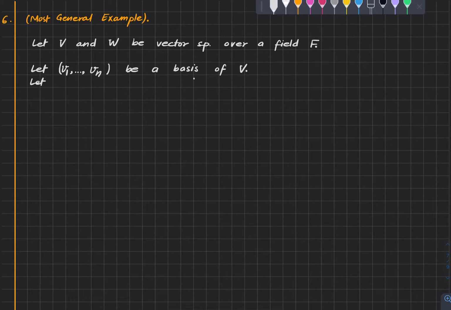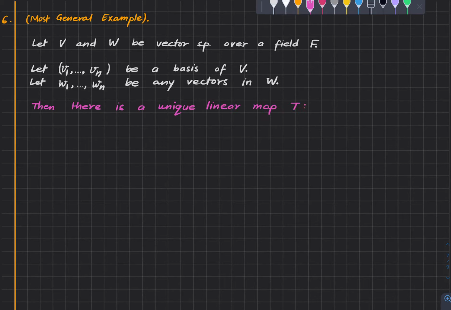So fix some n vectors, W1 up to Wn, be any vectors in W. Right, so we have a basis for V, but we have just chosen any vectors for W. So then what we want to say is that there is a unique linear map from V to W such that, okay.